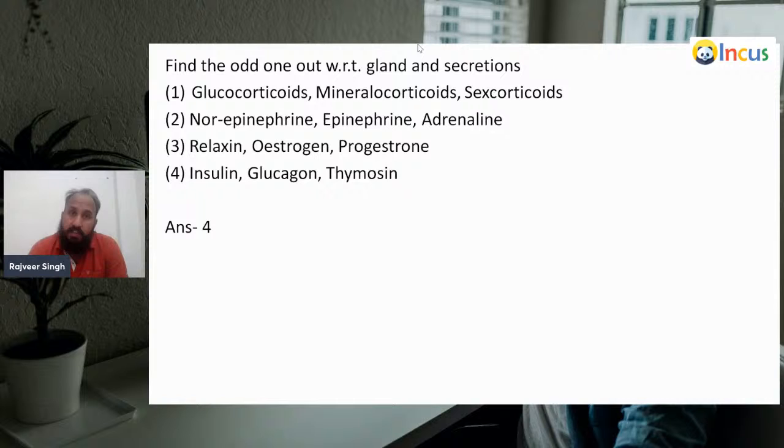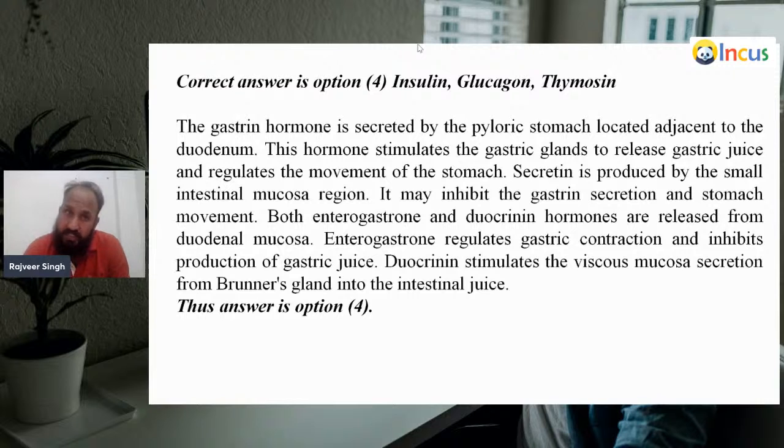Next, find the odd one out with respect to glands and secretion: glucocorticoids, mineralocorticoids, sex corticoids; norepinephrine, epinephrine, adrenaline; relaxin, estrogen, progesterone; insulin, glucagon, thymosin. Yes, the answer will be the fourth: insulin, glucagon, and thymosin. So here, the gastrin hormone is secreted by the pyloric stomach located adjacent to the duodenum.